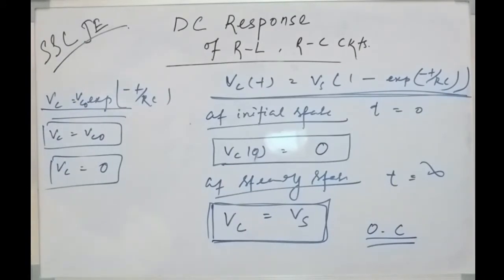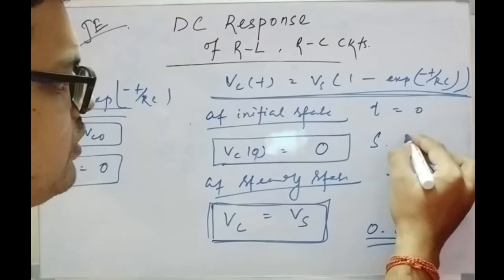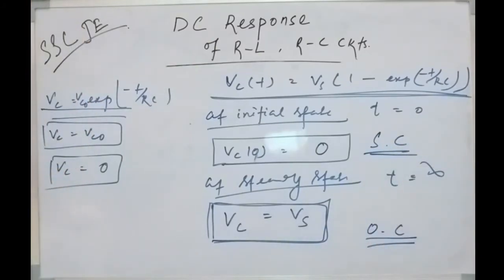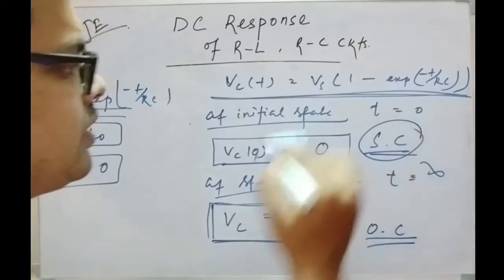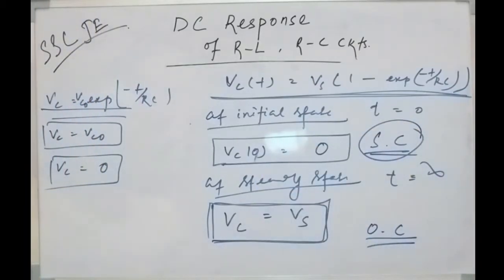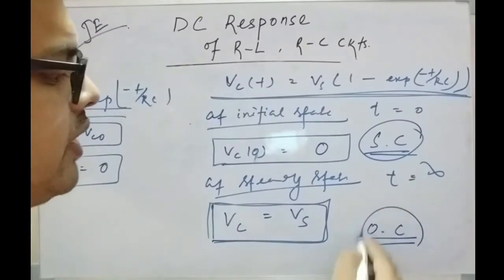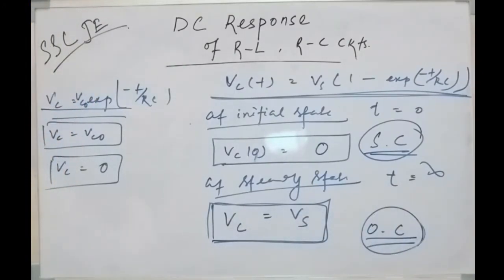No voltage means that is a short circuit condition. Got it? Remember this, where there is a constant voltage source, at initial condition the capacitor will act as a short circuit, and at final or steady state the capacitor will act as an open circuit. Okay, remember this.